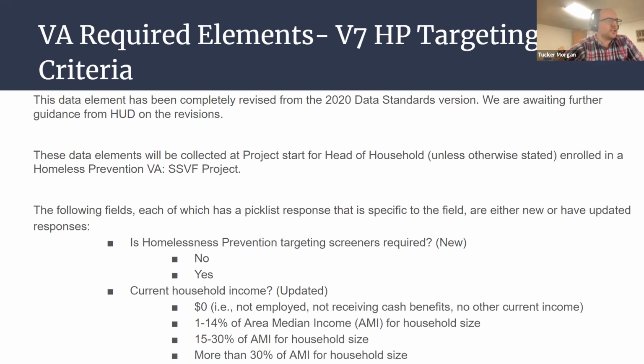So this section is a whole bunch of questions that have been rewritten. So there are some questions about, is the screener required? What is the current household income relative to AMI? And then it continues on to the next slide.